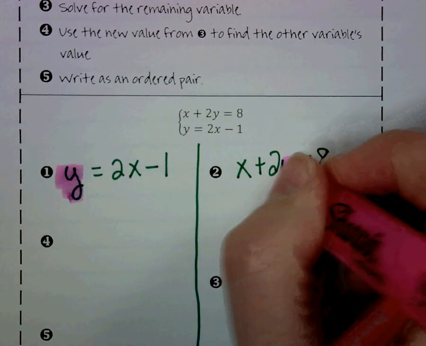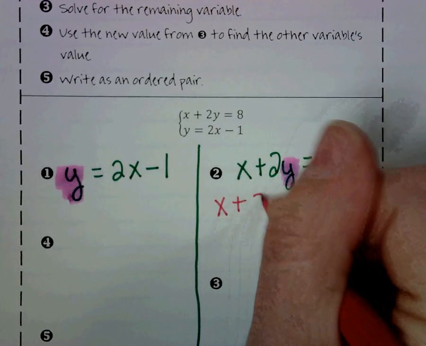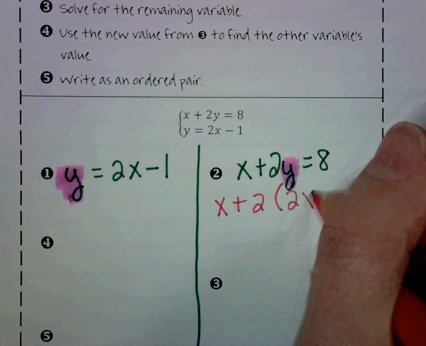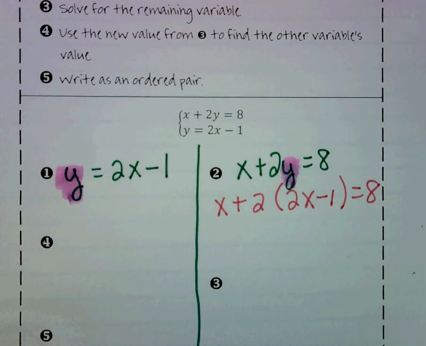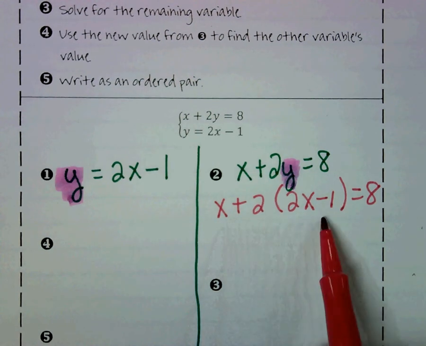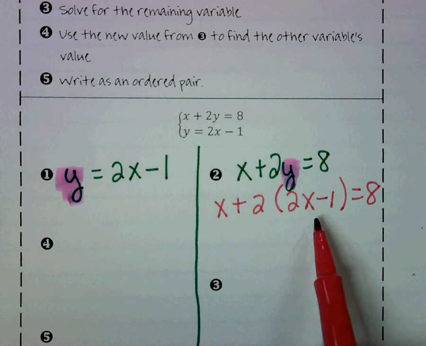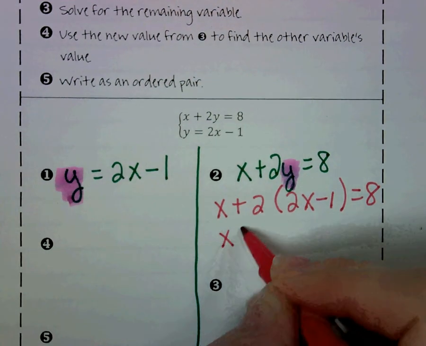So wherever I see a y, I can replace it with 2x minus 1. So all I did was substitute, hence the substitution method, y for something else. Notice I now have all the same variable. So now this is an equation that I can actually solve. So I'm going to do the distributive property.